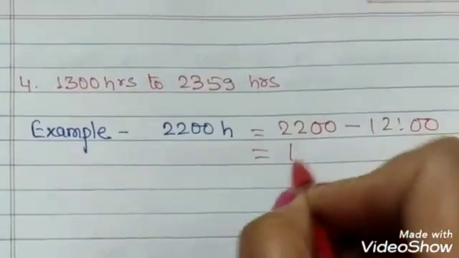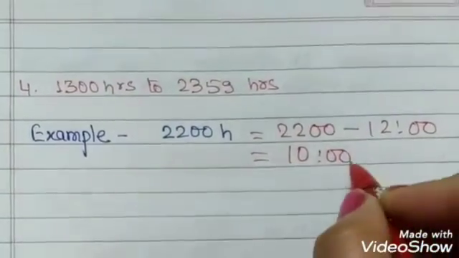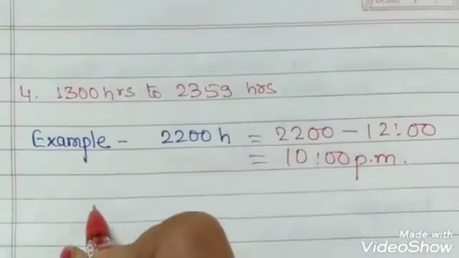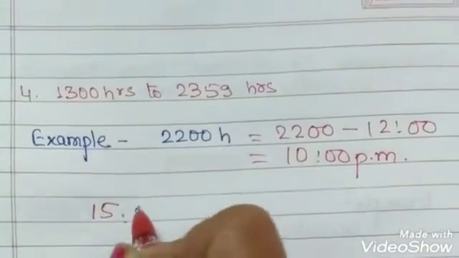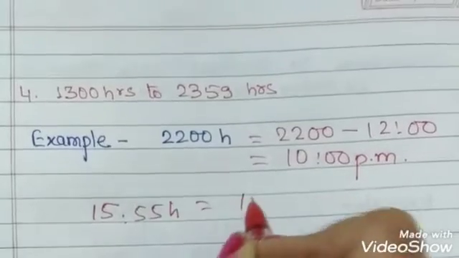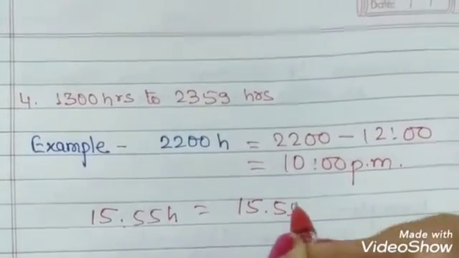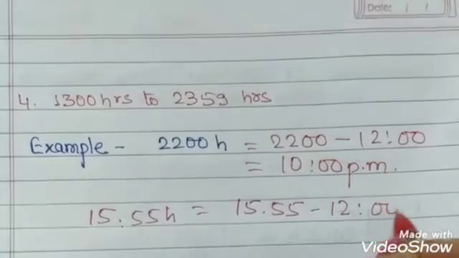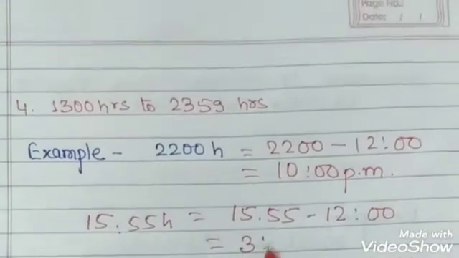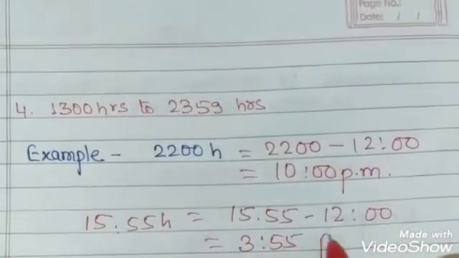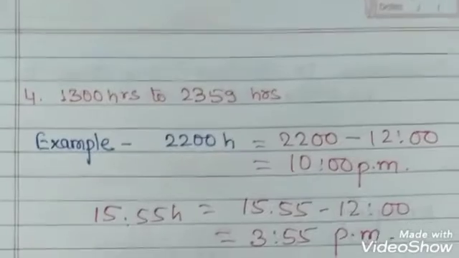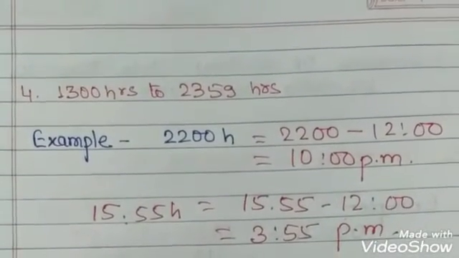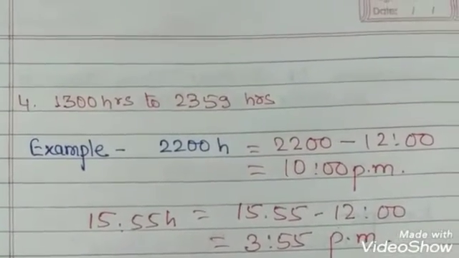So you get the answer 10:00 and the unit will be PM. Similarly, if the time is 15:55 hours, then we will subtract 12 from 15:55. So we get the answer 3:55 and the unit will be PM. So in this way we can convert 24-hour clock time to 12-hour clock time and 12-hour clock time to 24-hour clock time.